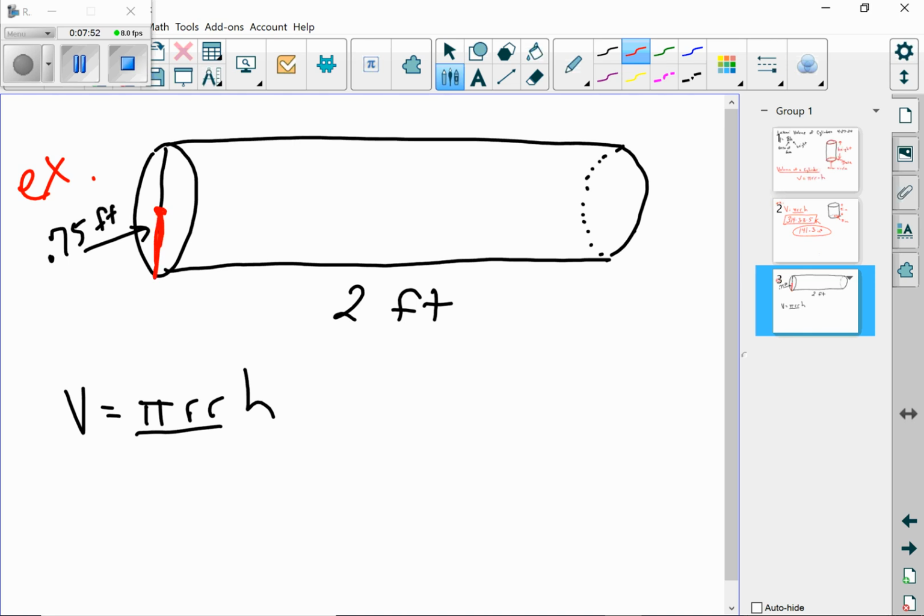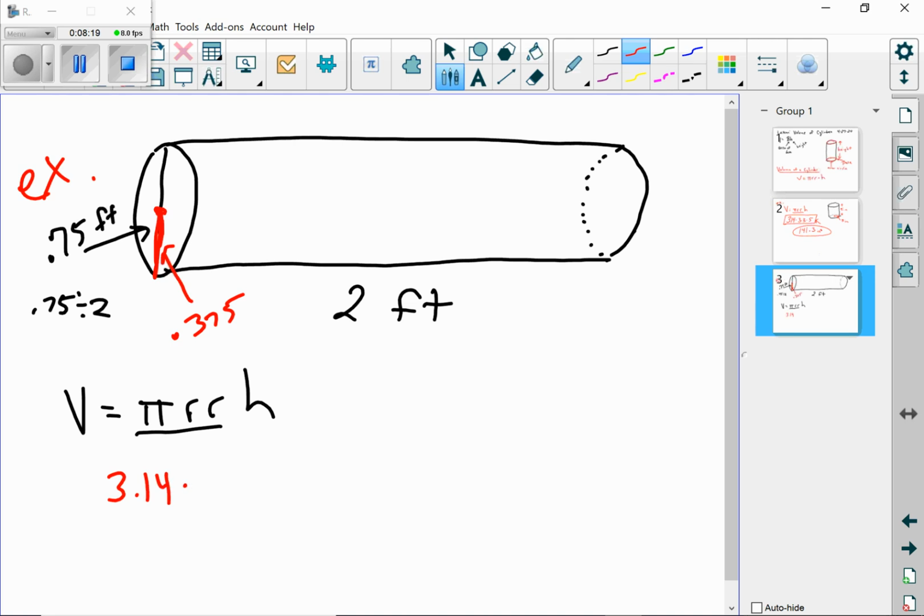So the first thing I do on my calculator is go 0.75 divided by 2, and that'll give me the radius number. So 0.75 divided by 2 on my calculator equals 0.375. So the radius, the red line, is 0.375.